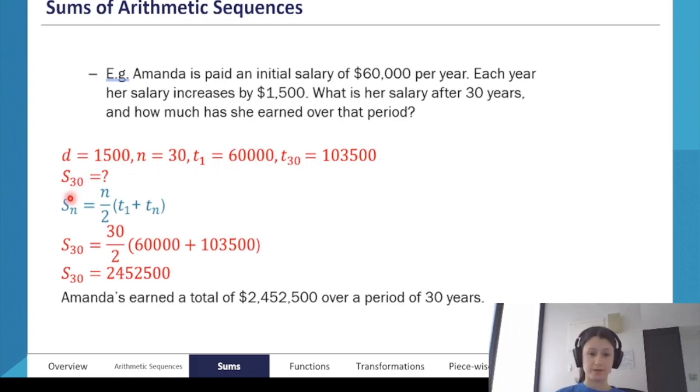We want to find the sum of 30 because we want to find out what's the sum of all of her salaries for those years, right? So we're going to use our shorter definition, plug in all of our numbers, and this gives us a total earning of $2,452,500 over 30 years. So Amanda has a lot in the bank, apparently.